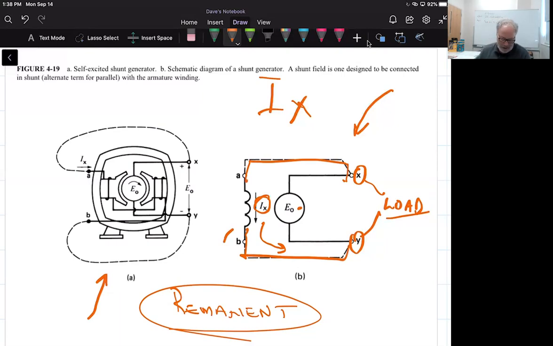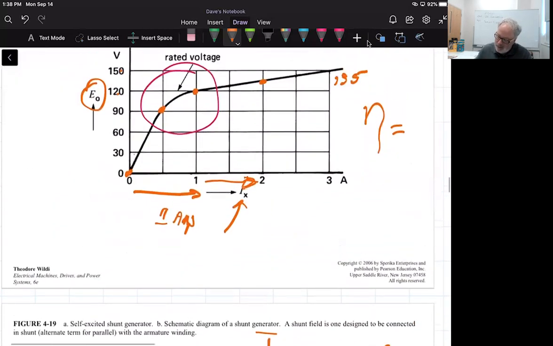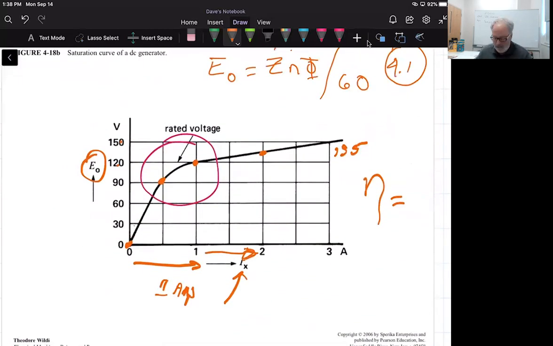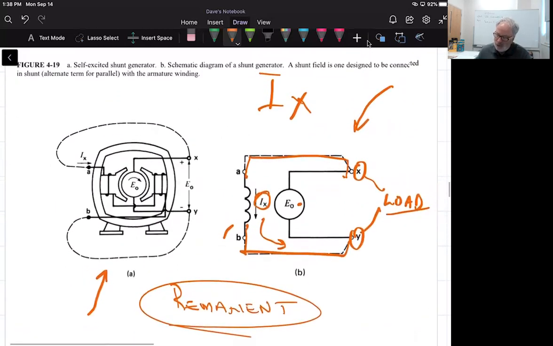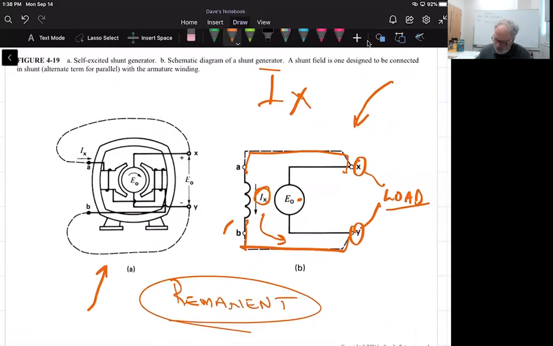You get the idea: one affects the other. So there's this progressive buildup until eventually the armature voltage, E sub O, reaches the maximum voltage it can achieve based on the saturation curve. That's how a self-excited shunt generator works.